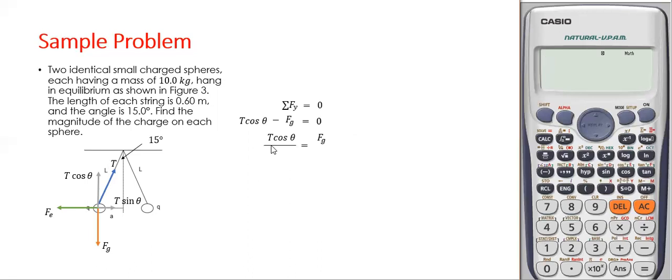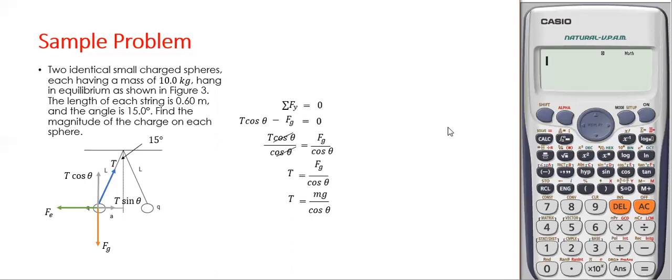And then, i-divide natin siya both sides by cosine theta. Makakancel dito si cosine theta. So, tension force is equal to Fg divided by cosine theta, and we know that the gravitational force is equal to mass times g, or acceleration due to gravity, divided by cosine theta.